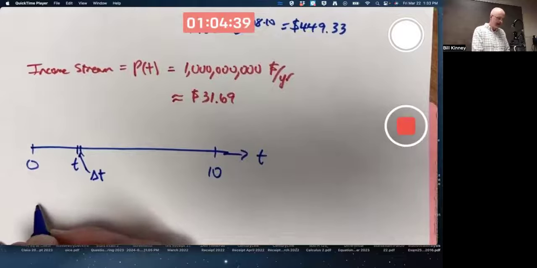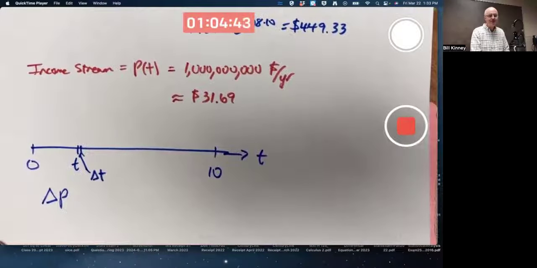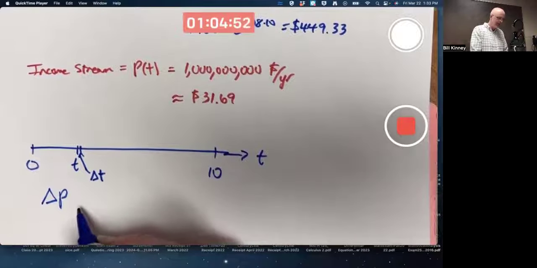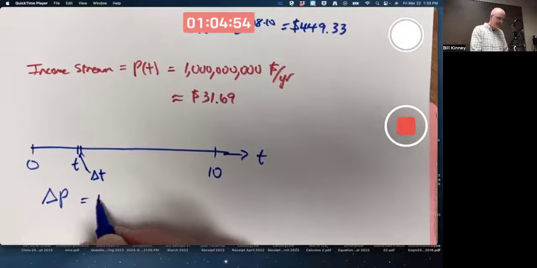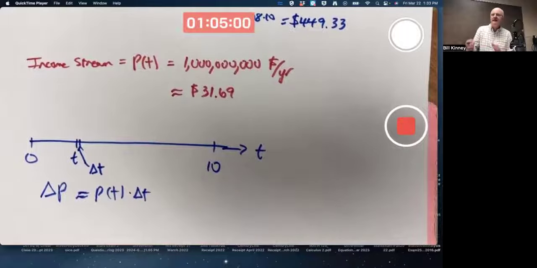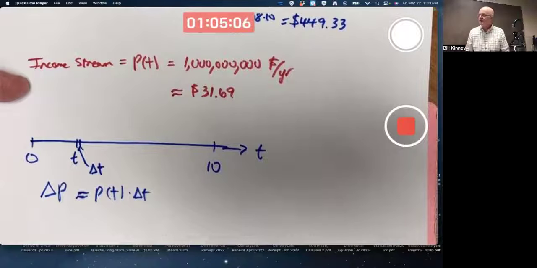The small amount of money, the small amount of principal, you might call it, delta P, that comes into your bank during that small amount of time, delta t, should be approximately, in general, P of t times delta t, where P of t may not be a constant function in general. For our example, it is a constant function.